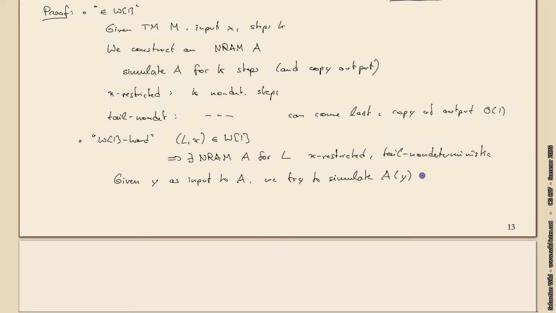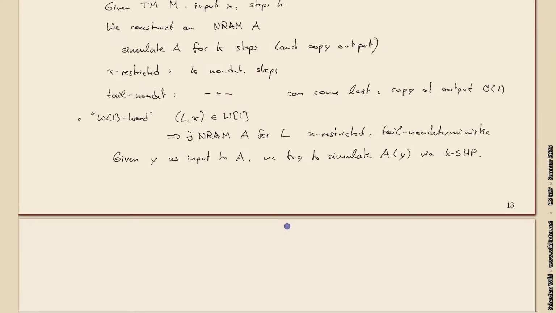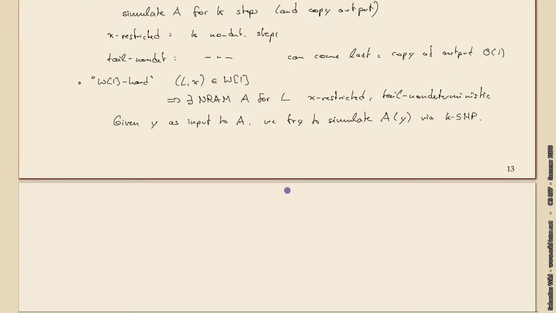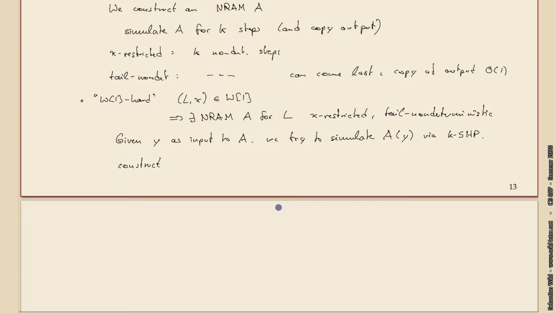A on Y. Well, the k-step halting problem. K-step halting problem. Let me abbreviate that. So what we construct... So we have to give a reduction now that takes this input y.